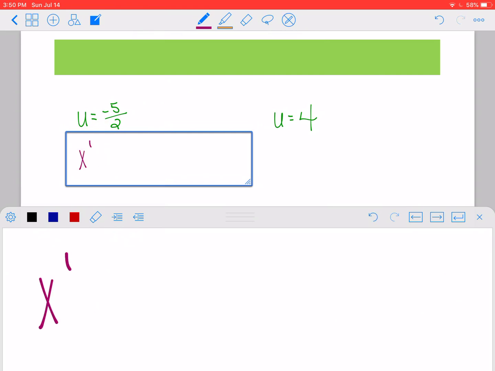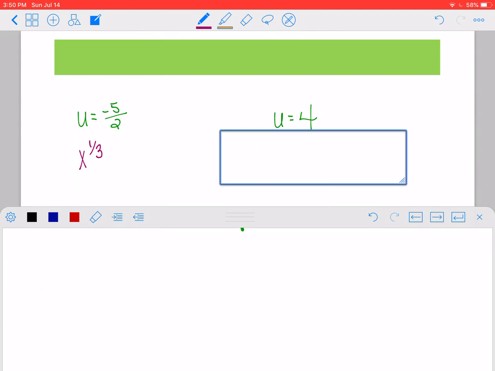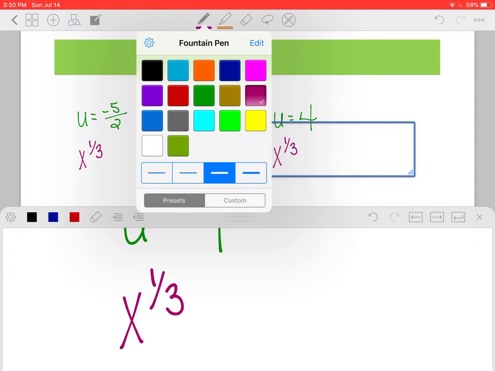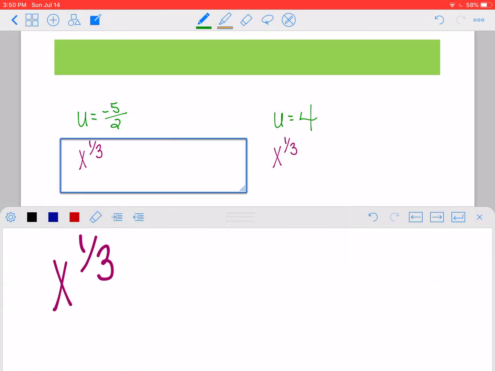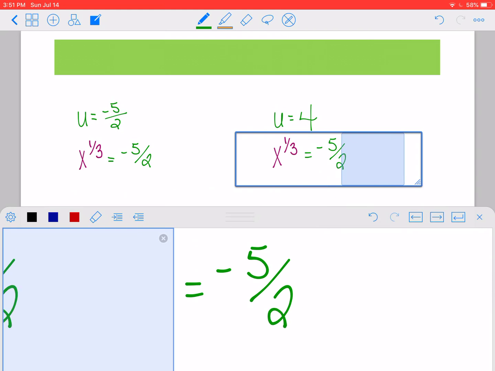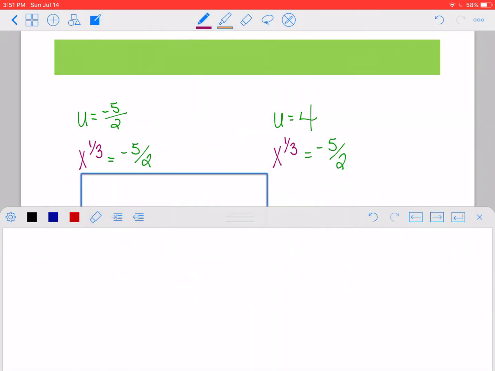We raise it to the 3rd power. So we have x is equal to negative 5 to the 3rd power, that's negative 125, over 2 to the 3rd power, that's 8.